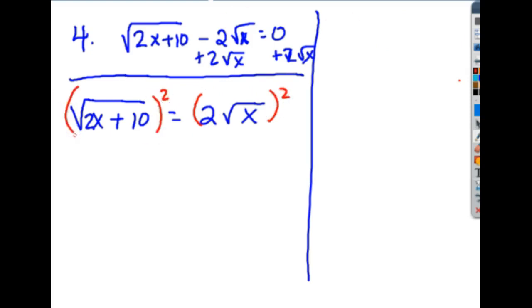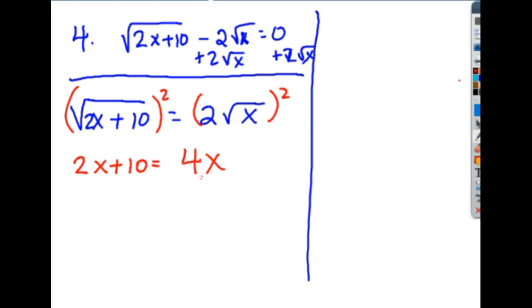In order to get rid of the radical signs, you need to square both sides. And so then this is going to be 2x plus 10. Now you see this 2 out in front? It gets squared also. You are squaring everything, including the 2.